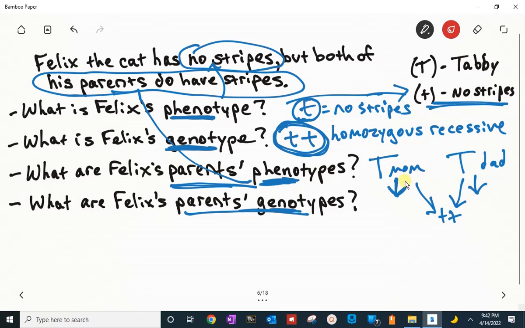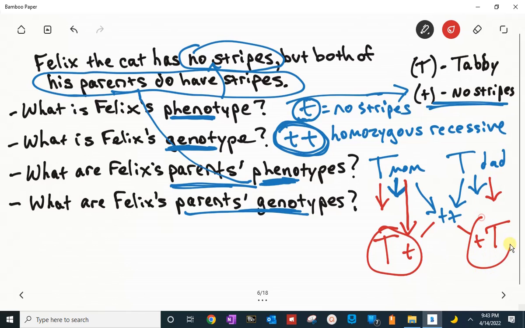So we know that the mom is going to have a capital T and a lowercase t as her genotype. And the dad is going to have a capital T and a lowercase t as his genotype. So the parents' genotypes of Felix are both heterozygous dominant.